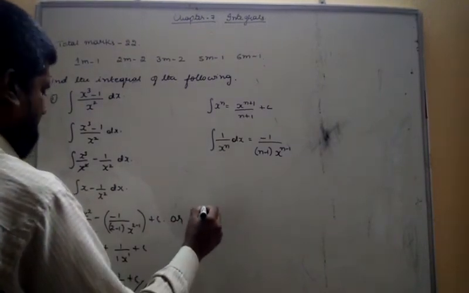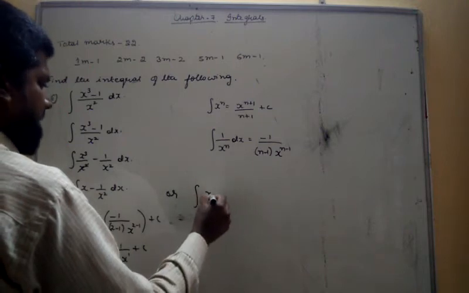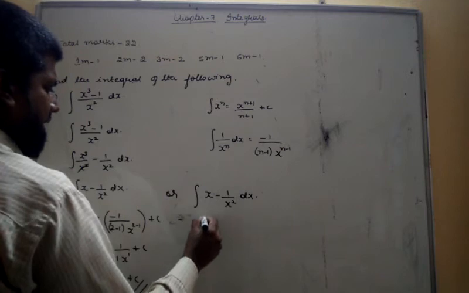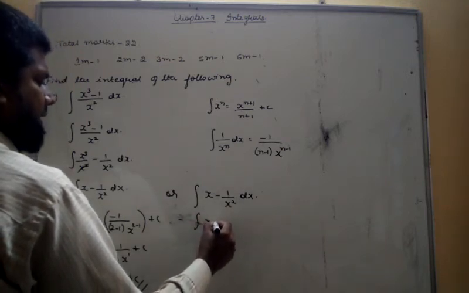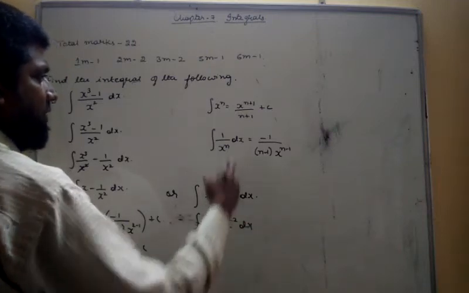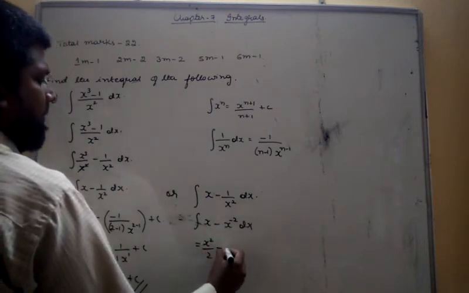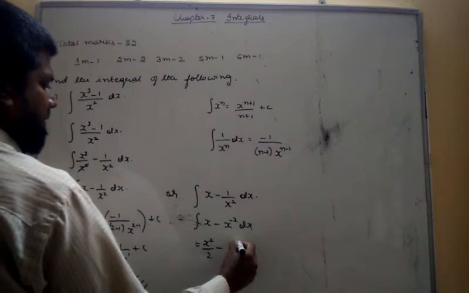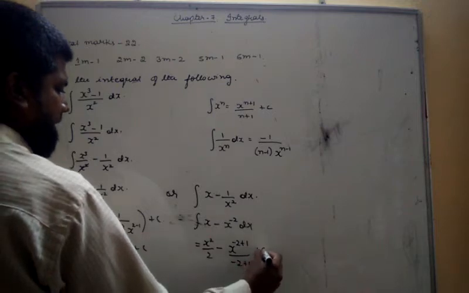Or we can solve it like this for this question. We can write the integral of x minus 1 by x square dx as the integral of x minus x to the power of minus 2 dx. Now it is in the form of x to the power of n. So x square by 2 minus x to the power of minus 2 plus 1 by minus 2 plus 1 plus c.